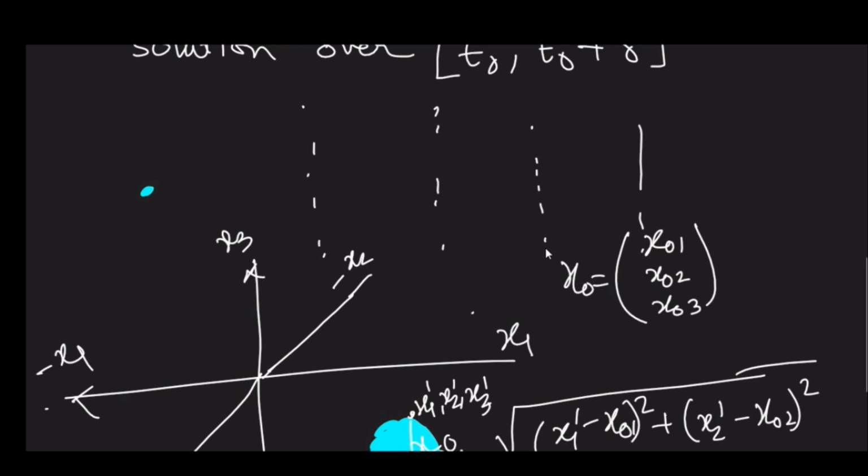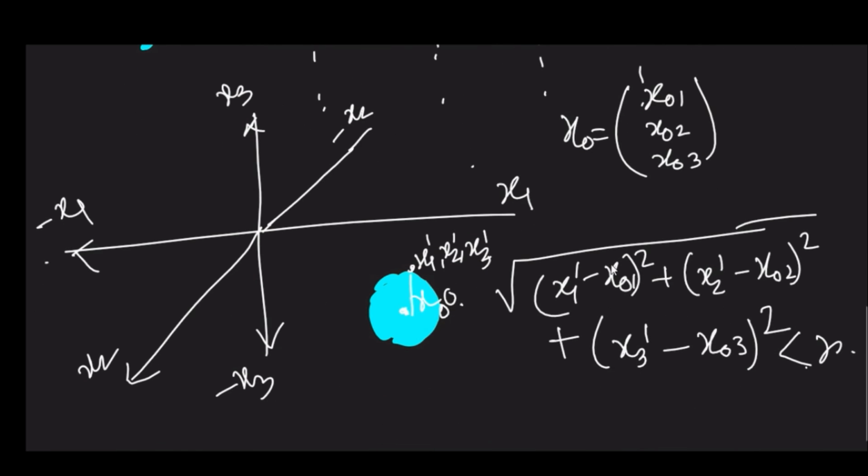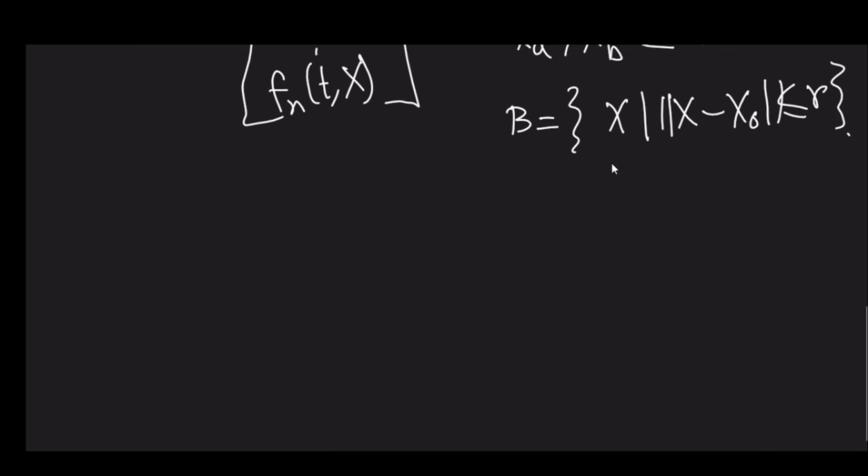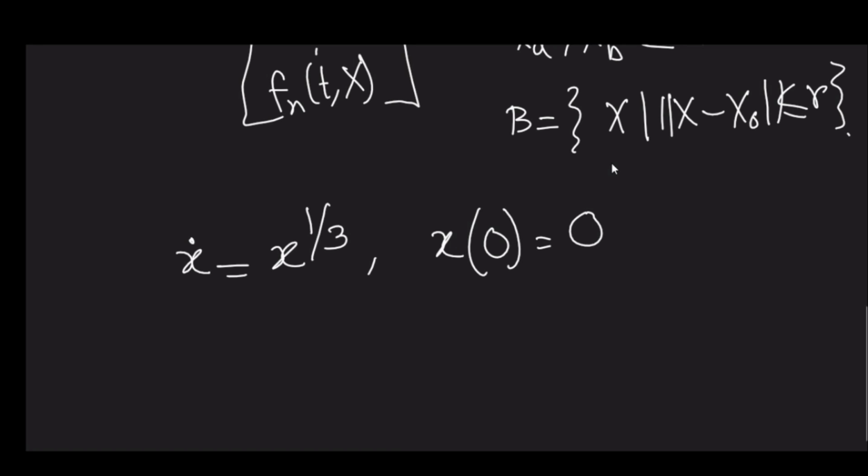So if we consider the equation we started with, x dot is equal to x to the power 1 by 3, with initial condition x0 equal to 0, is this f(x) Lipschitz?